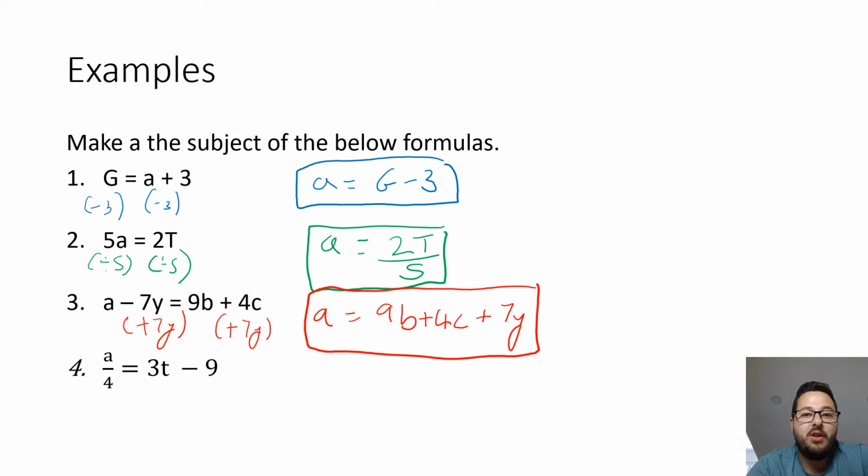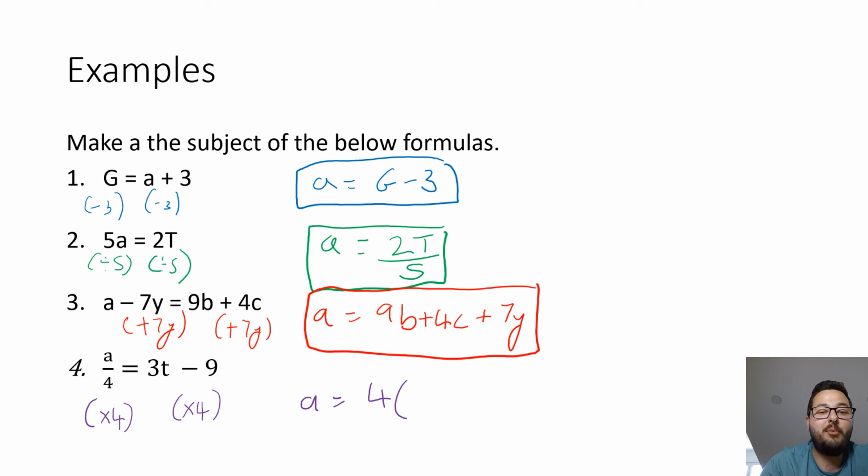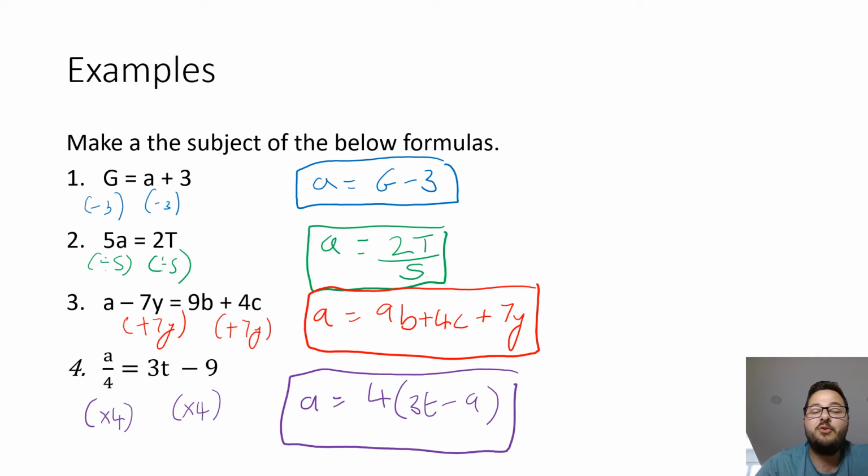Then the last one, we've got A divided by 4 is equal to 3t minus 9. If it's been divided by 4, we want to times 4. So we're going to end up with A equals 4, and this 4 times is everything, so we can even open our brackets up, 3t minus 9. And that is A as the subject of the formula.